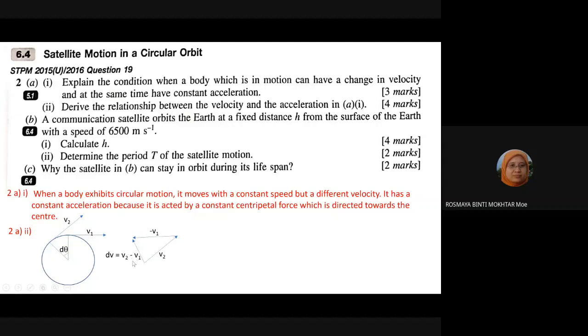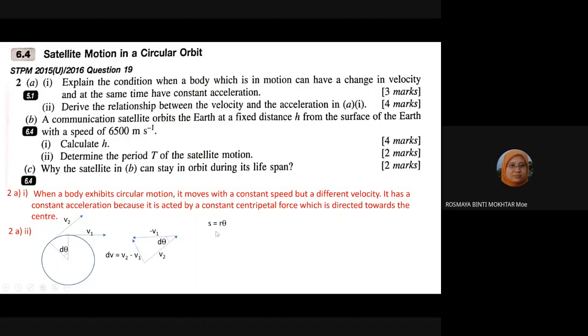Now we use the circle. From the maths, s equals r theta, and the angle is the same, d theta. You transfer this to vector form. The angle must be the same, and this triangle is the same as the triangle here. It's a similar triangle.